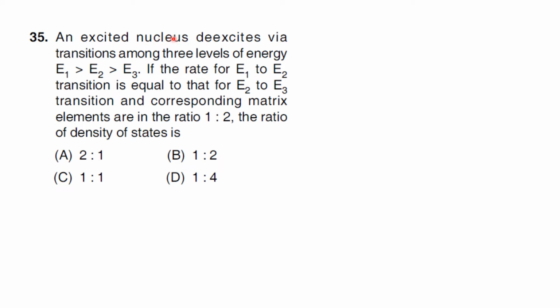An excited nucleus deexcites via transitions among three levels of energy E1 greater than E2 greater than E3. If the rate for the E1 to E2 transition is equal to that for the E2 to E3 transition and the corresponding matrix elements are in the ratio 1:2, the ratio of density of states is?